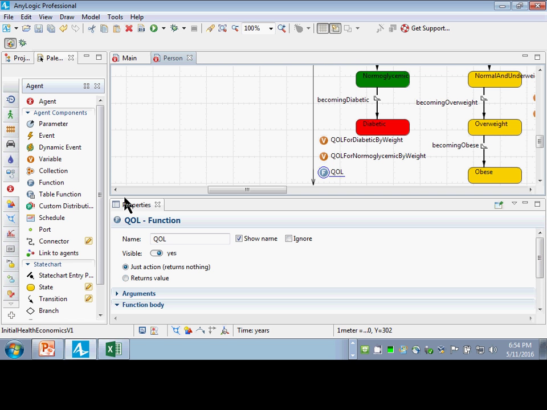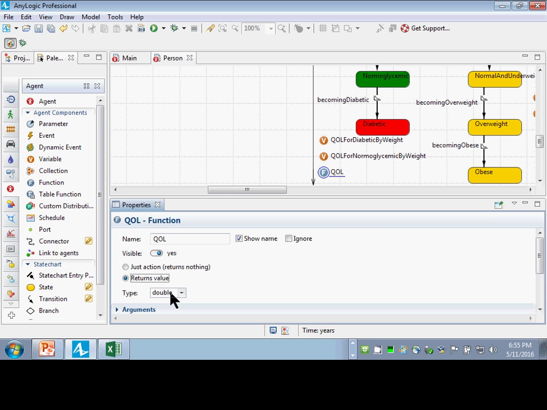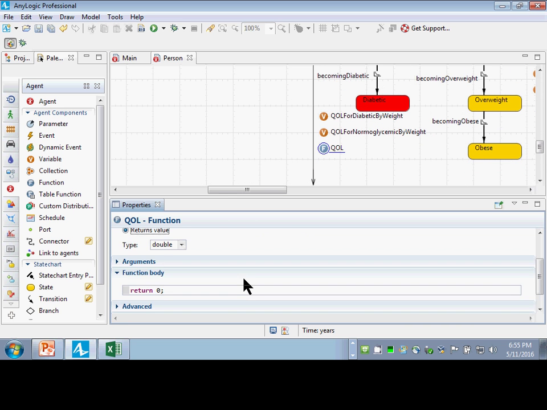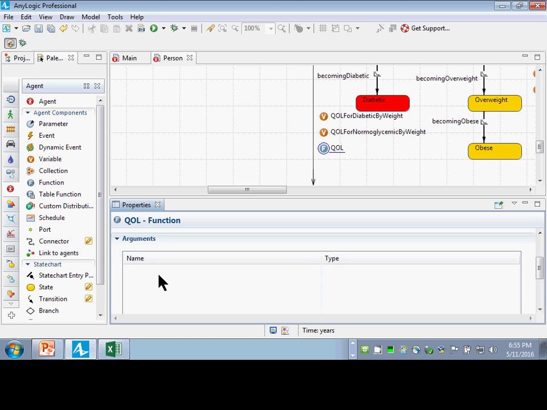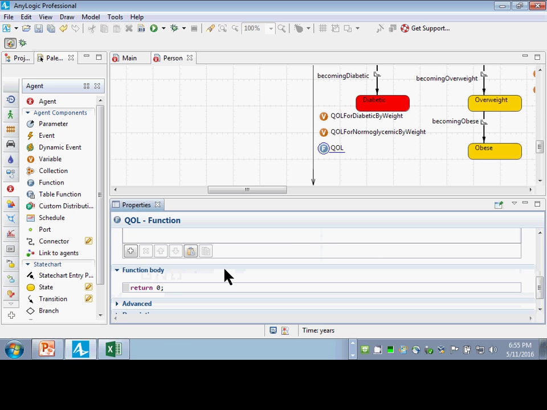One sort does something, it performs an action, and it doesn't return anything. It's what we call a command as a type of function. The other, ladies and gentlemen, returns a value. And this is going to be one that returns a value. And the value it returns will be the quality of life for that individual. Okay? It's not going to take any arguments. In other words, it doesn't need any information to do its job.